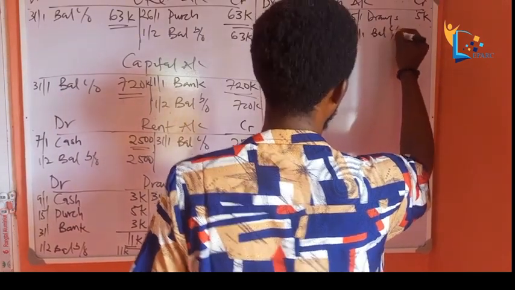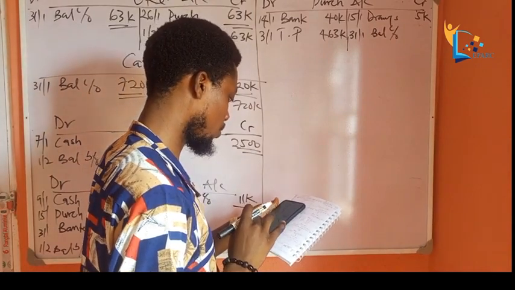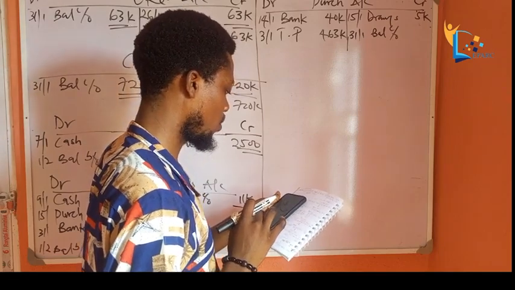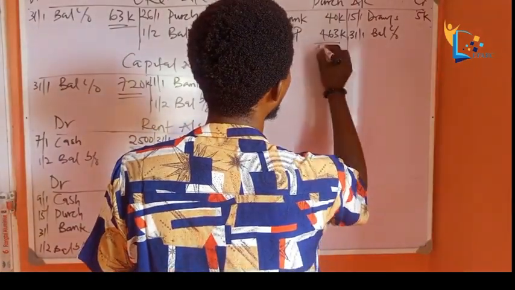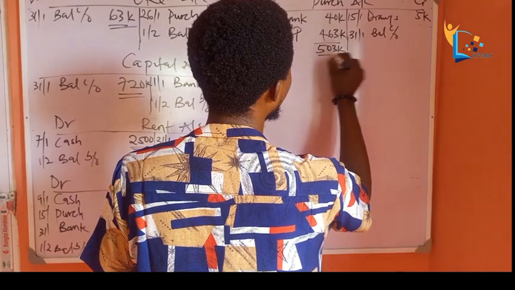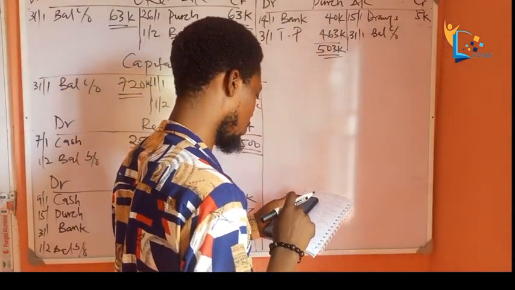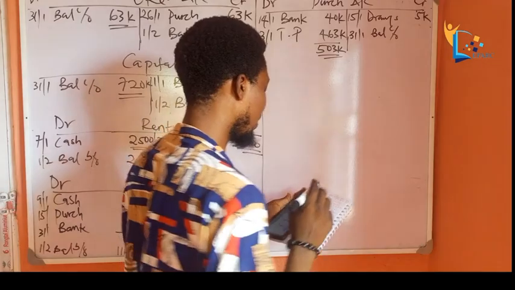So let's add 40,000 plus 463,000, which is 503,000. So the balance: 503K minus 5K, which is 498K.